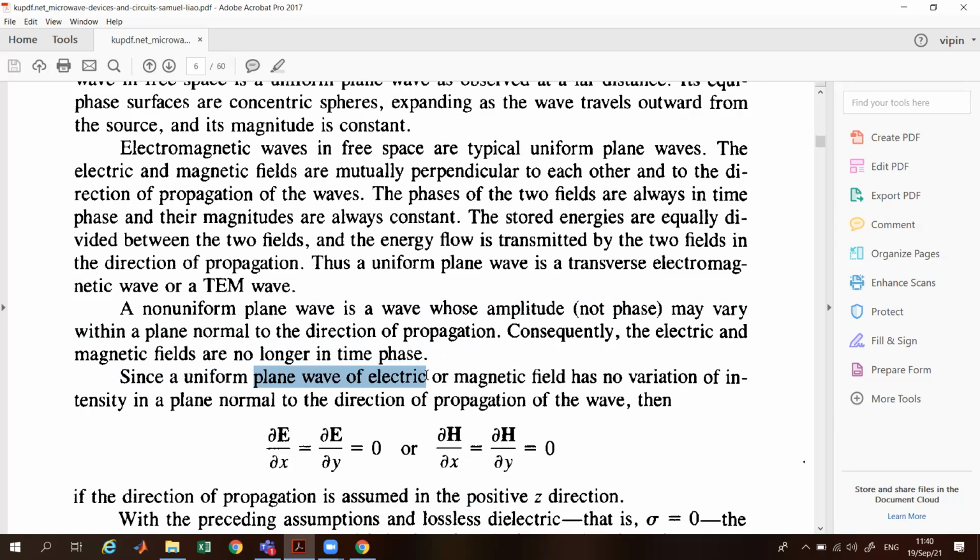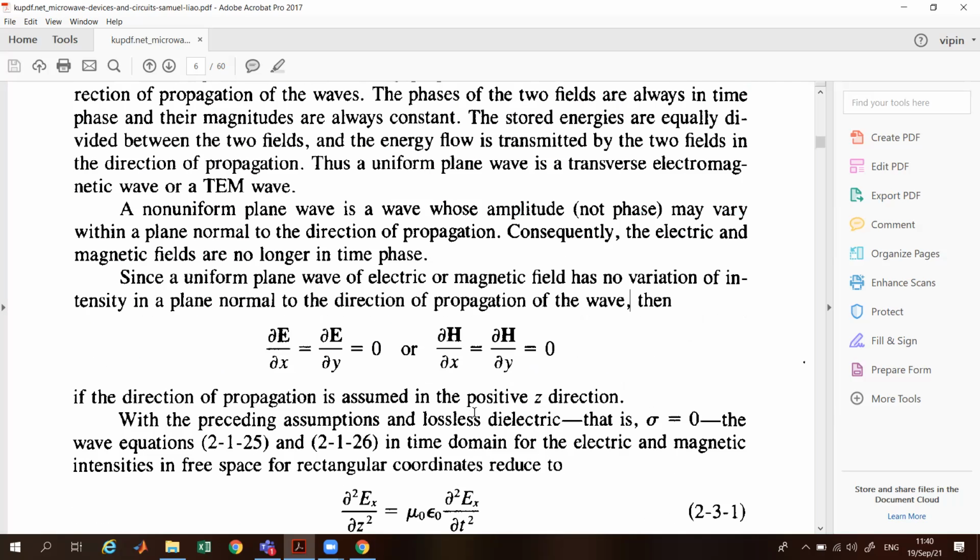Since a uniform plane wave's electric or magnetic field has no variation of intensity in a plane normal to the direction of propagation of the wave, we can say that d by dx of E equals 0 and d by dy of E equals 0. In a similar way, they are also 0 for the magnetic field. As I said earlier, the electric field exists in the X direction and the magnetic field exists in the Y direction, and the wave is propagating in the Z direction.